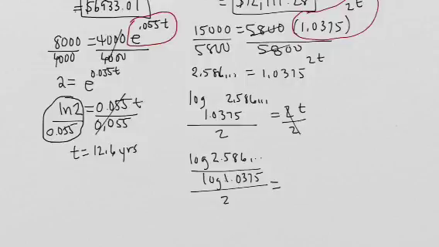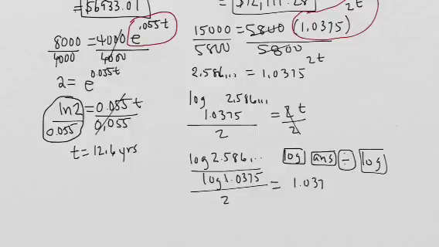So you have this number here on your calculator, right? All you do is put log of the answer, because that's what's on your screen, divided by the log of 1.0375, divided by 2, and then equals.